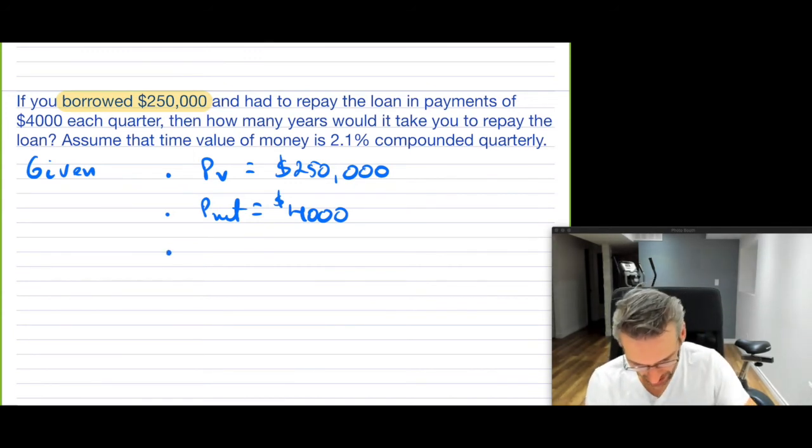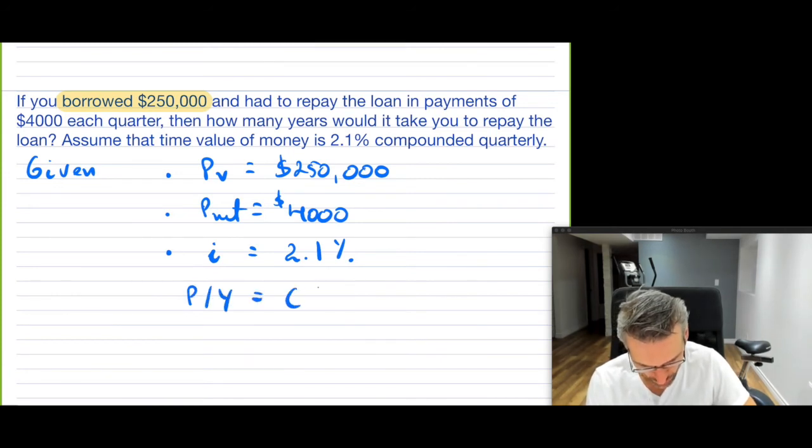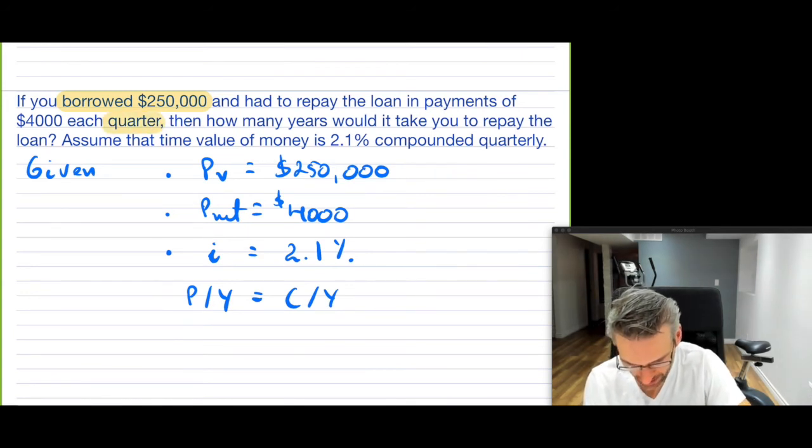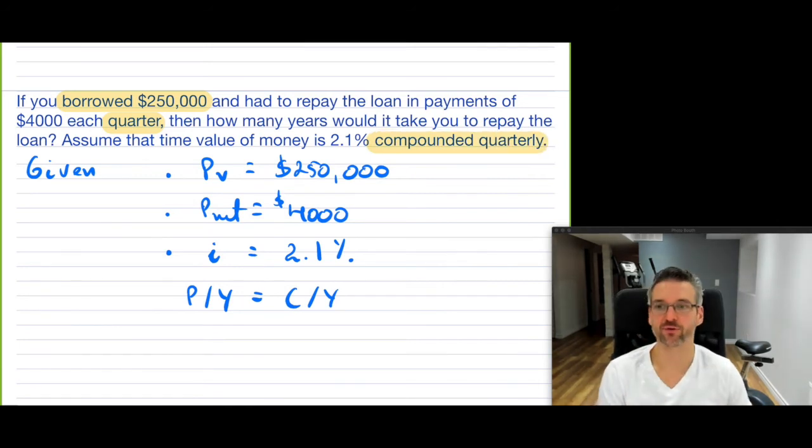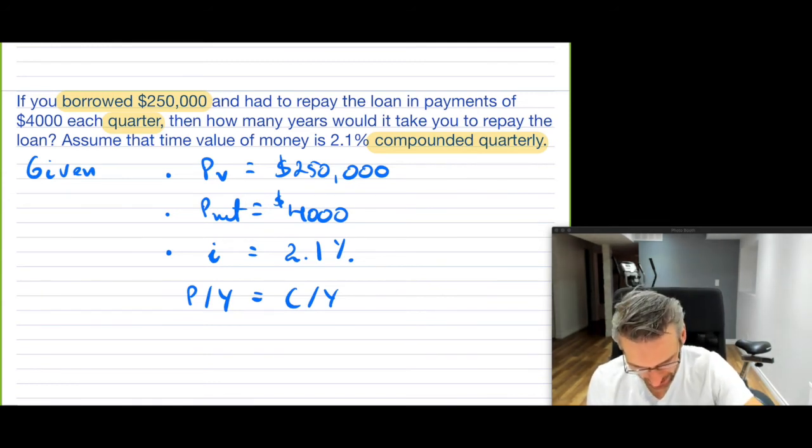In this case, I know my interest, so my interest is 2.1%. And notice that your payments per year are equal to your compounding per year. Those are quarterly right here and compounded quarterly. So we need that for the simple annuities, right? So that's what we have there.